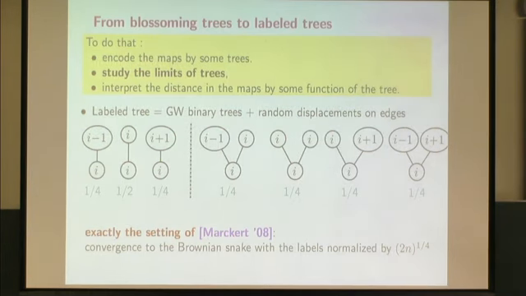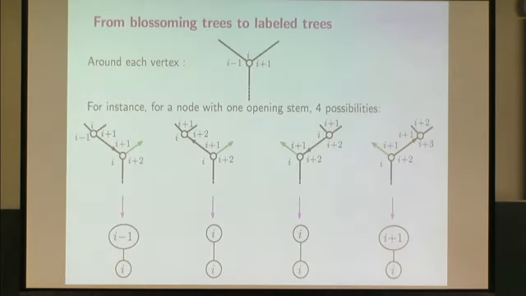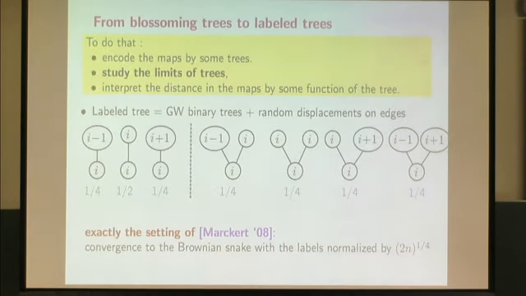So if you summarize, if you do the analysis for a vertex of degree 1 and for a vertex of degree 2, you obtain that the trees with labels can be seen as Galton-Watson trees with some random displacements on edges following this law. If you have a vertex of degree 1, then you have this distribution, and if you have a vertex of degree 2, you have this distribution.